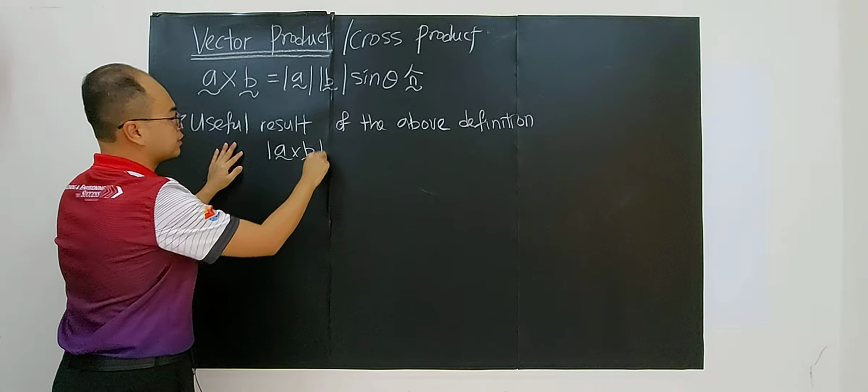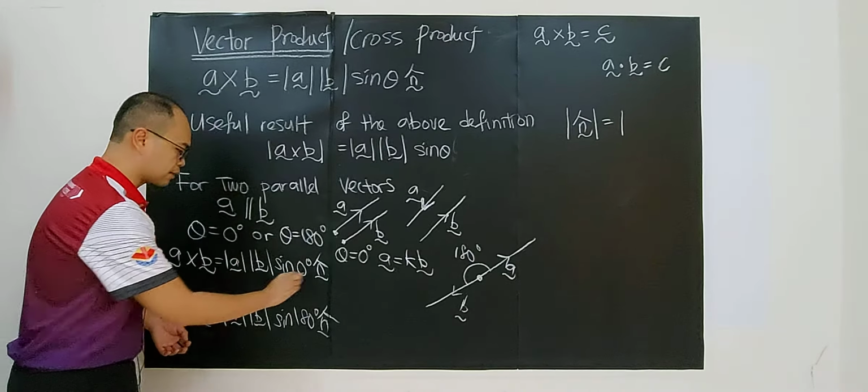So based on this definition, A cross B will be equal to the magnitude of A, magnitude of B, sine 0 degrees, and the unit vector. Or if they are anti-parallel, A cross B is equal to the magnitude of A, magnitude of B, sine 180 degrees. Sine 0 is 0, so this whole thing will become 0.